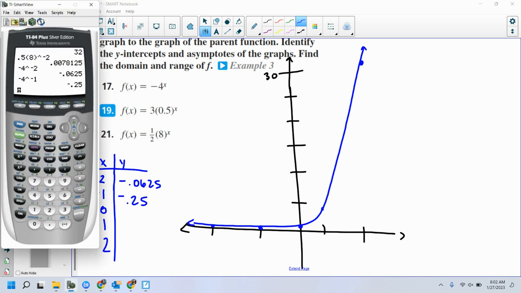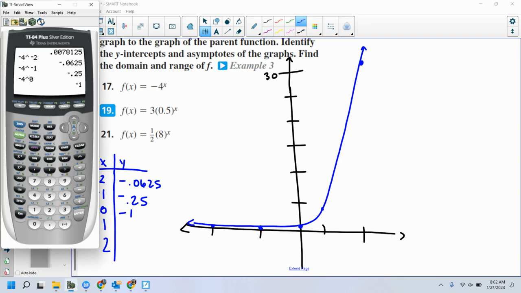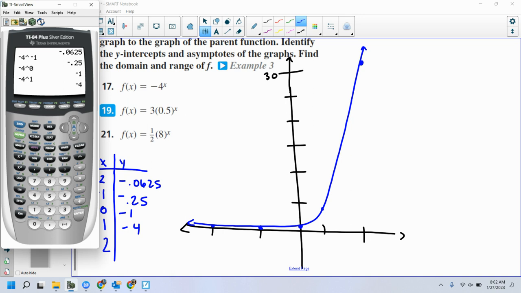And then we have 0, which is -1. And then we have 1, which is -4. And then we have 2, which is -16.